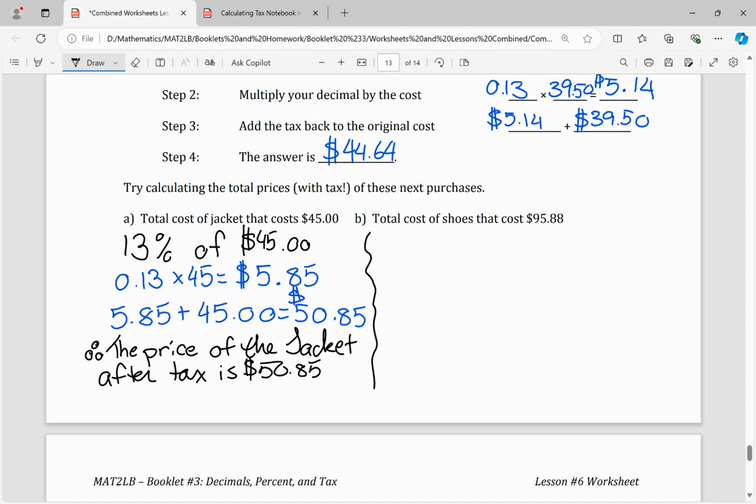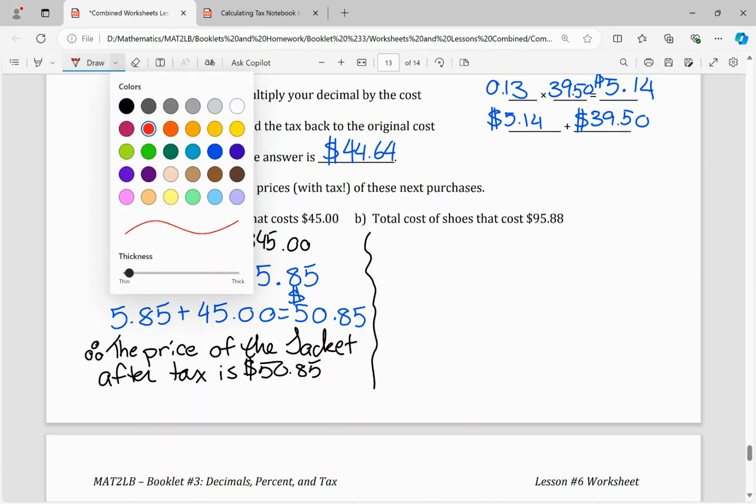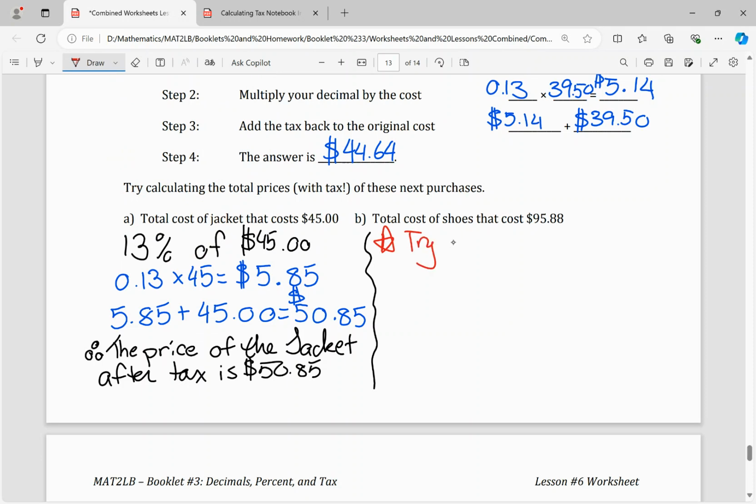Instead of multiplying by 13%, what we are going to do is try multiplying by 113%. Why 113%? What does this mean?